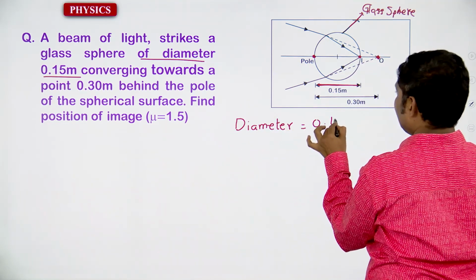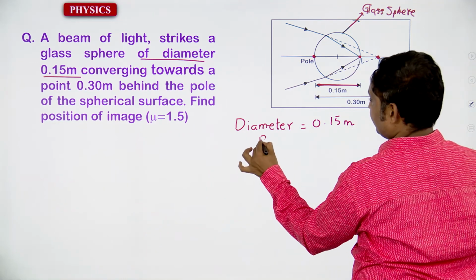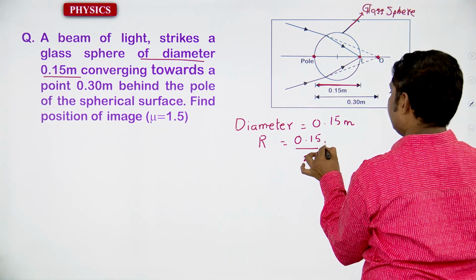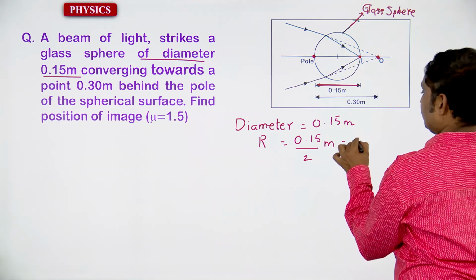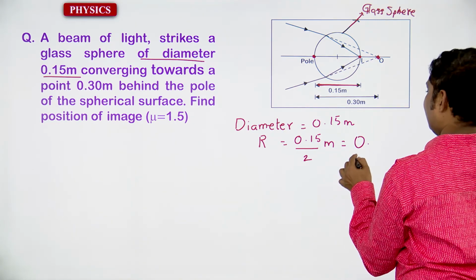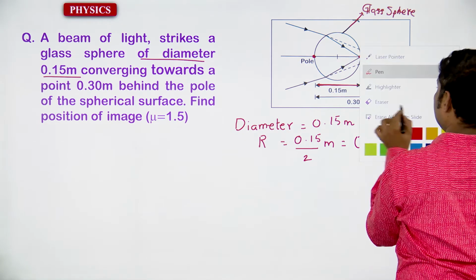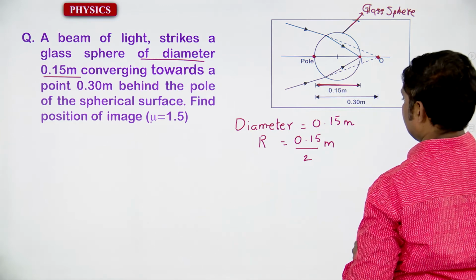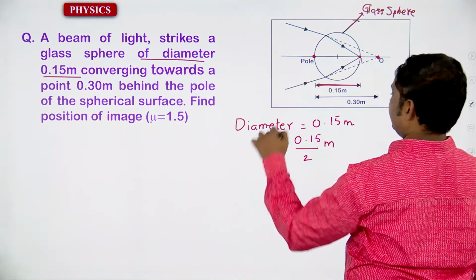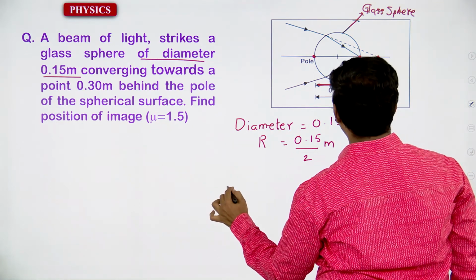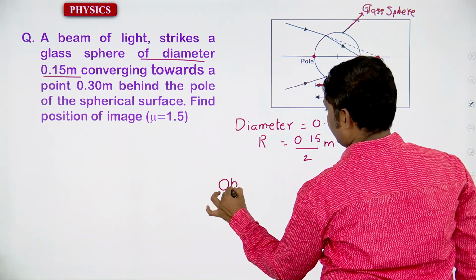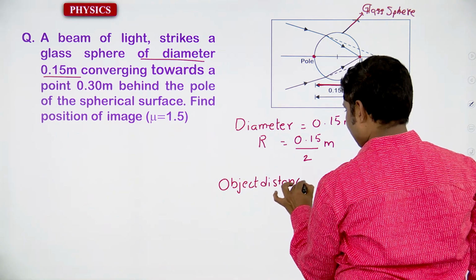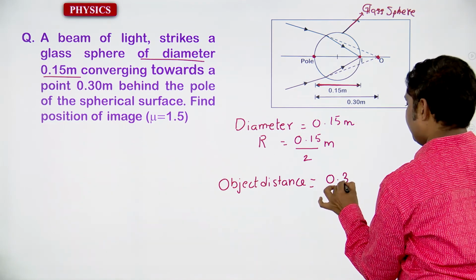is equal to 0.15 meter. So radius, that is R, is equal to 0.15 by 2 meter. Now u, the object distance, is going to be 0.3 meter.